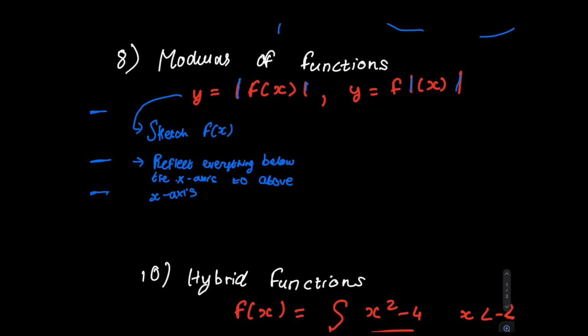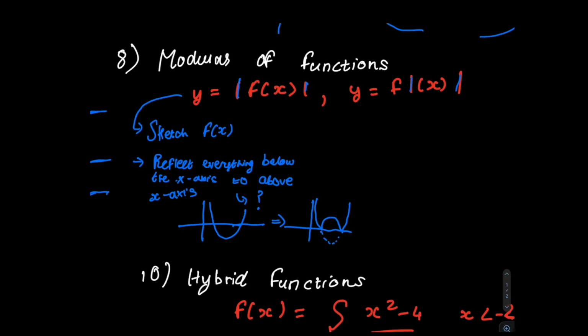So why do you do this step? If you have a function, maybe a parabola, the corresponding modulus function will look something like that. All this part has been reflected upward. This is because you cannot have any negative y terms, because you're doing the modulus of all the f of x values.